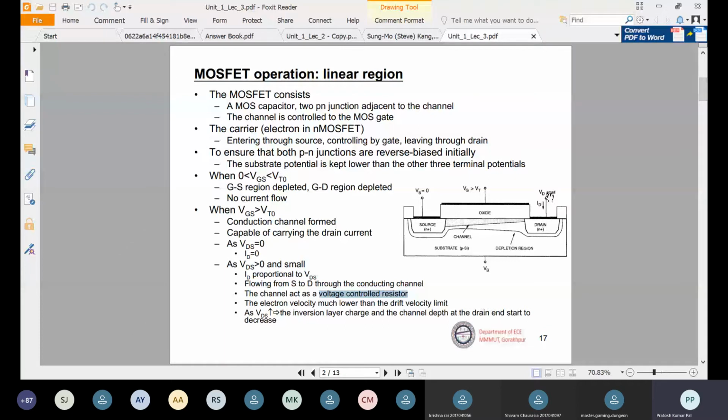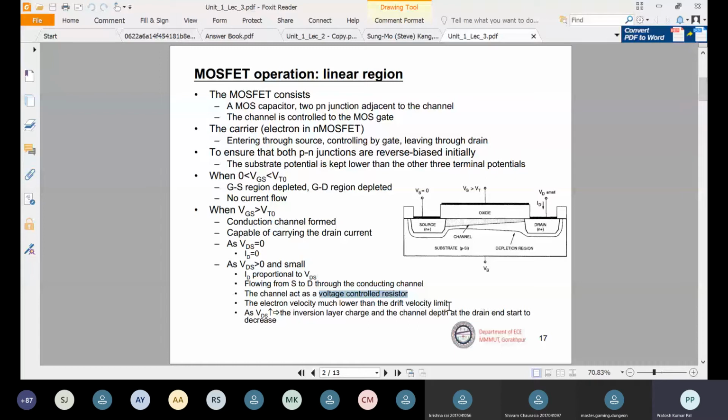And the electron velocity will be much lower than the drift velocity. Drift velocity is when we apply an electric field to any material that has charge.